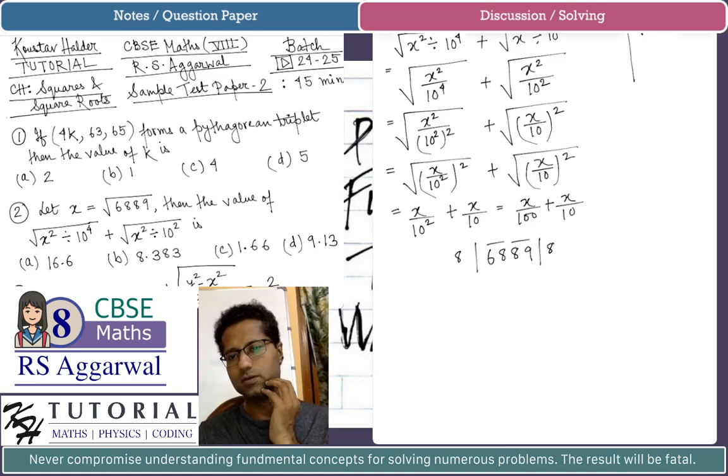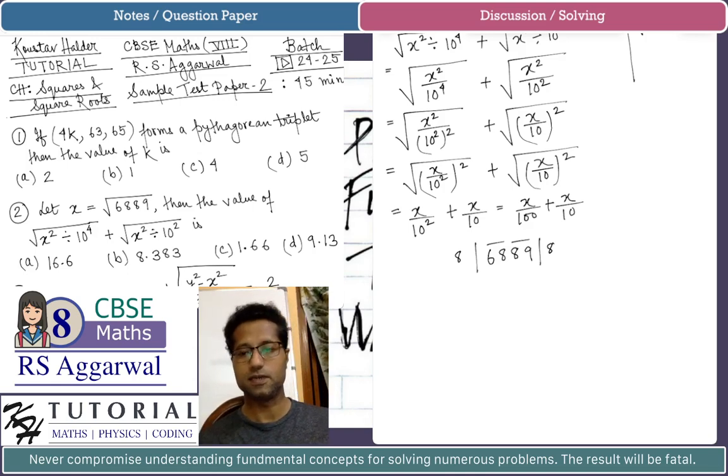So its square root will end with either 3 or 7, because 3 squared is 9 and 7 squared is 49, which ends with 9. So the square root of 6889 can end with 3 or 7, so obviously the square root will be either 83 or 87.